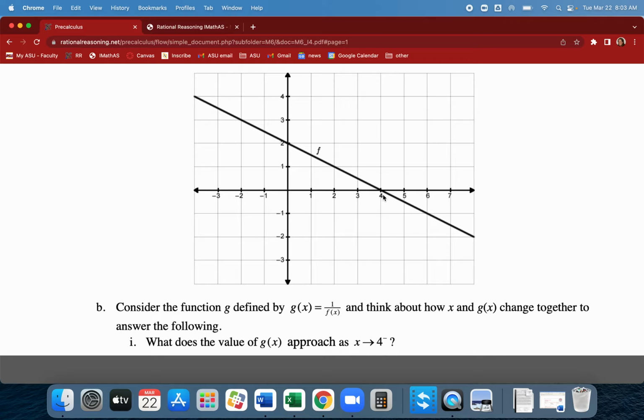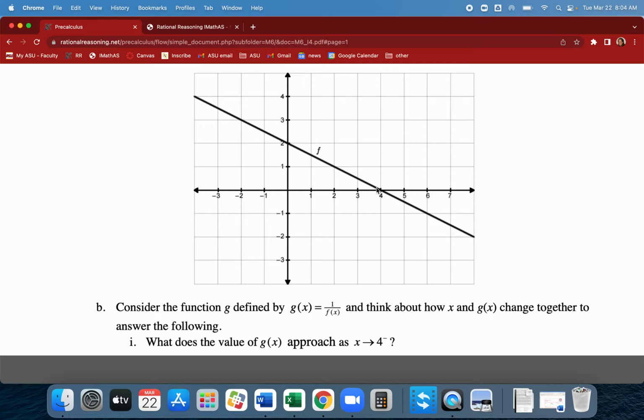So what happens to my reciprocal values? 1 over f of x. That'd be like 10, 100, 1,000. And they can be as large as I want. The closer I get to x equals 4, the closer these values get to 0. As long as I don't touch 4, I don't run into a 0, which is good in terms of conceptualizing this reciprocal. But to answer that first question then, what happens when x approaches 4 from the left?